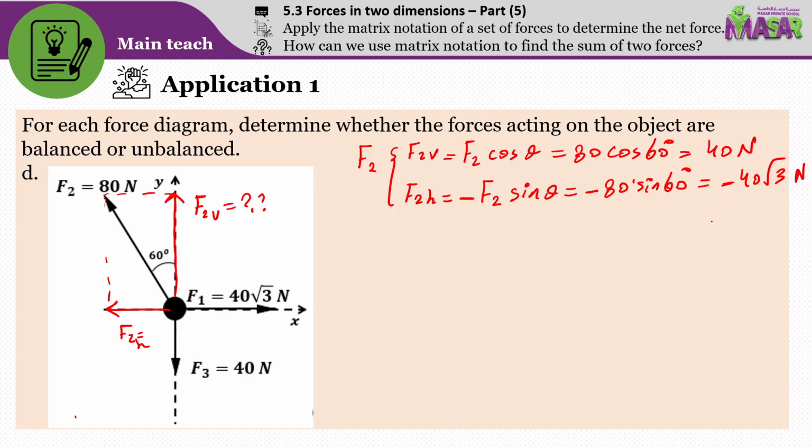Now we can complete the solution using one of the following methods. I will solve this question using the usual method, method 1. In method 1, we just compare between the left and right, whether they are equal or not, and as a result, we can tell whether the forces are balanced or unbalanced. In method 2, we're going to use the matrix notation to solve the problem.